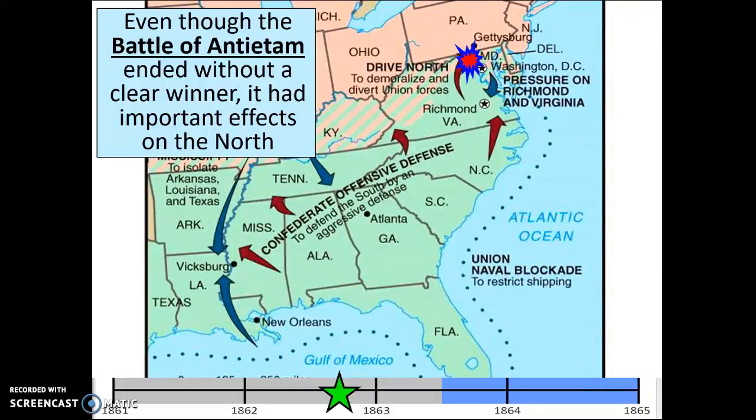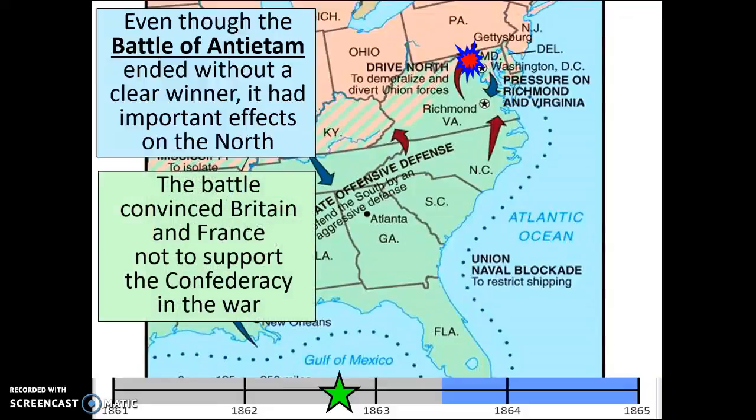So, what is the effect of the Battle of Antietam, and why is it so significant? Well, the Battle of Antietam is going to convince Britain and also France not to support the Confederacy during the war. And it's not necessarily because the South lost that battle, it's because of what comes out of that U.S. victory.